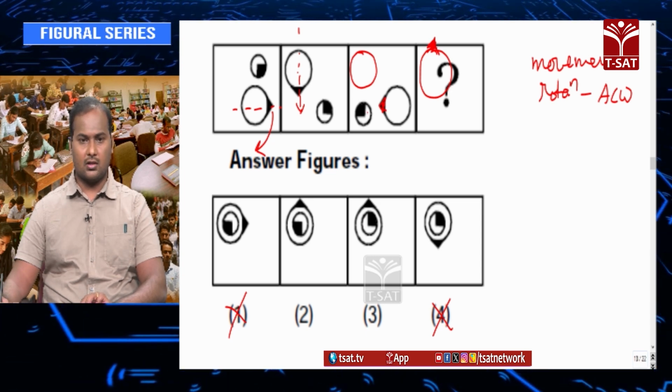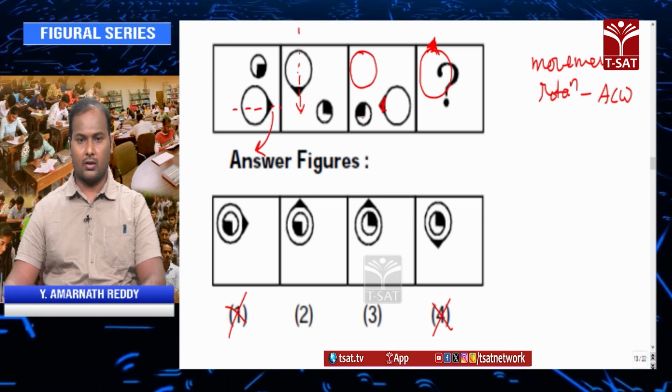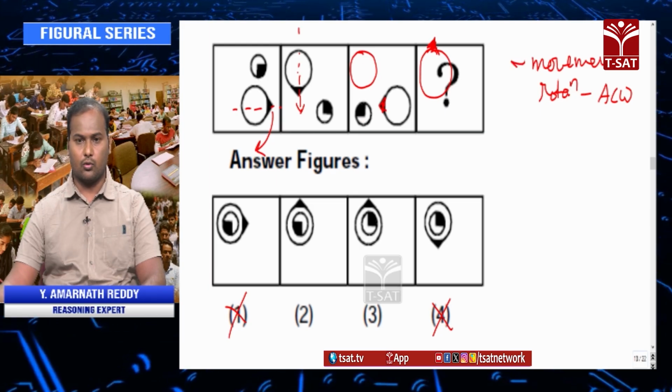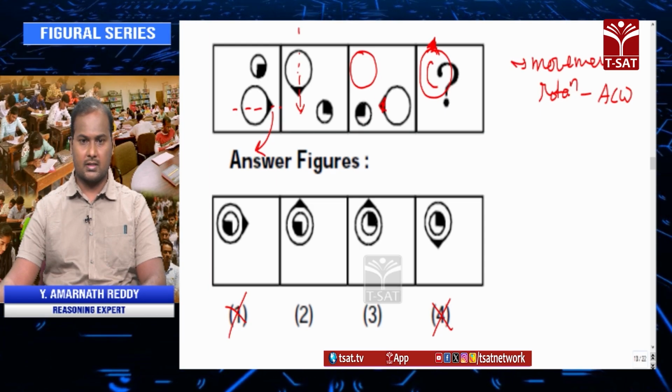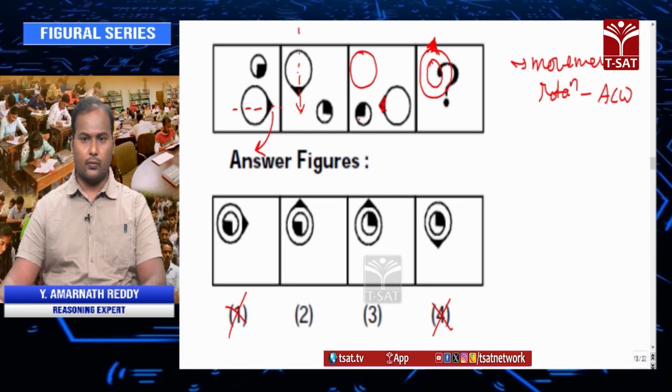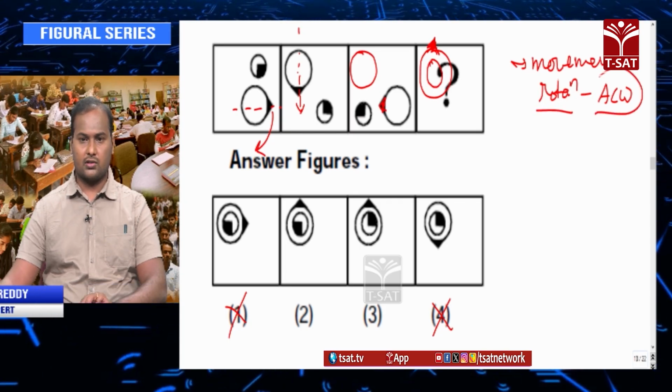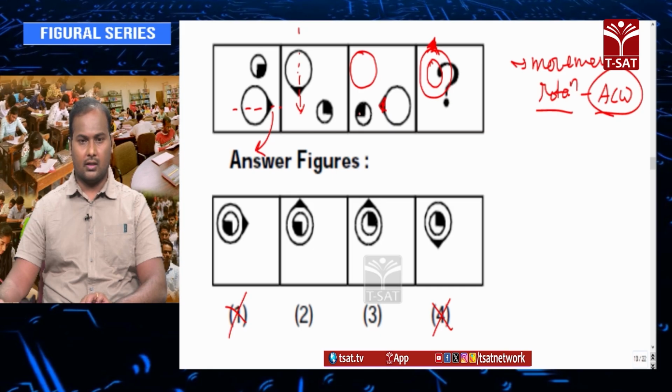Now see the small circle, how this small circle is moving from one corner to another corner. There is a movement from the corner, so it moves inside. Now this circle moves inside like this. After moving, again you can see a rotation. How is it rotating? Anti-clockwise direction.